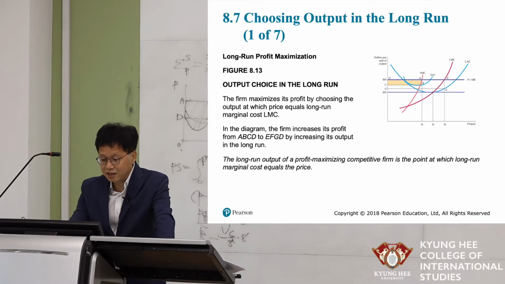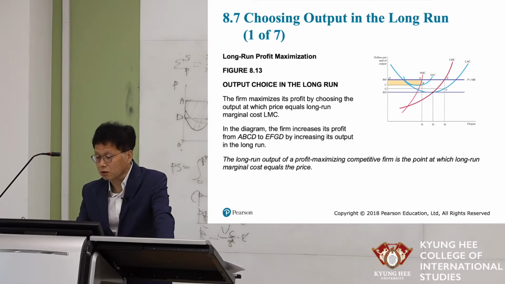In the diagram, figure 8.11, the firm increases profit from ABCD to EFGD by increasing output in the long run. In the short run, when price is this one, this company enjoys positive profit ABCD, right?